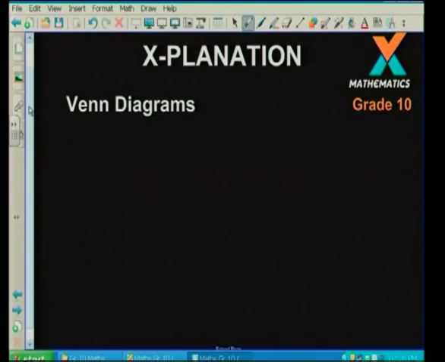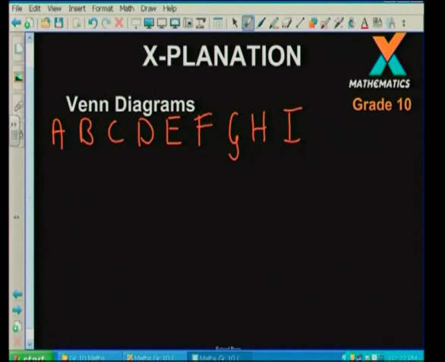I have sort of given you guys a little bit of an inkling of Venn diagrams before, but let's do a Venn diagram very, very nicely. I'm going to start off by using the first 10 letters of the alphabet. So let's write that down. Okay.